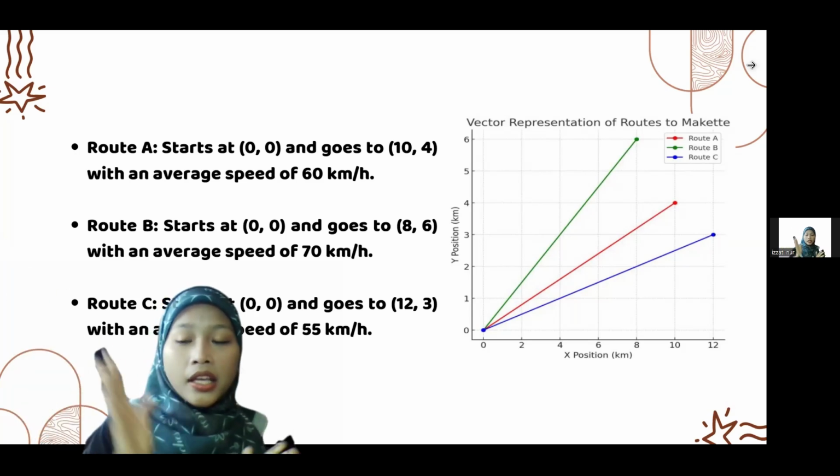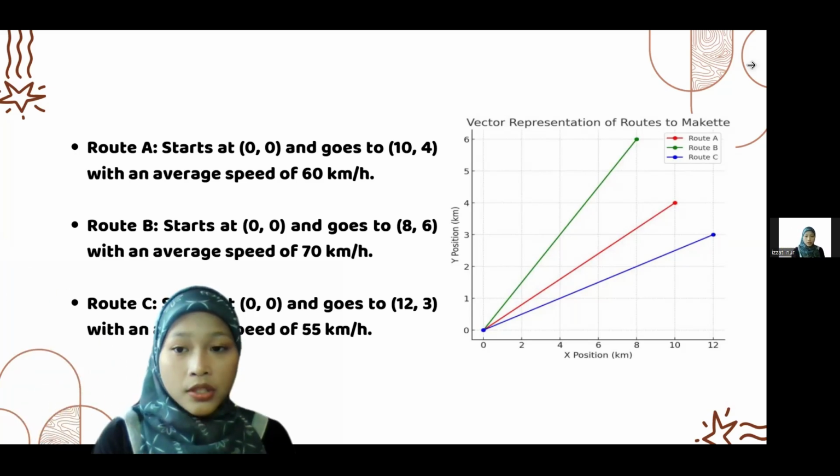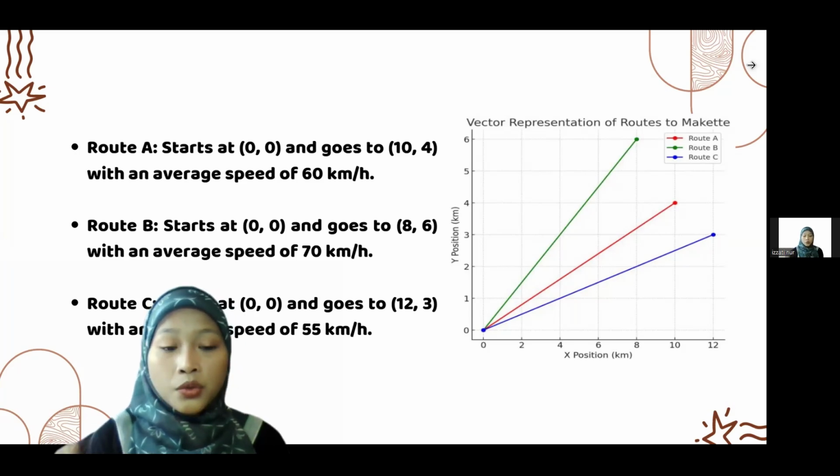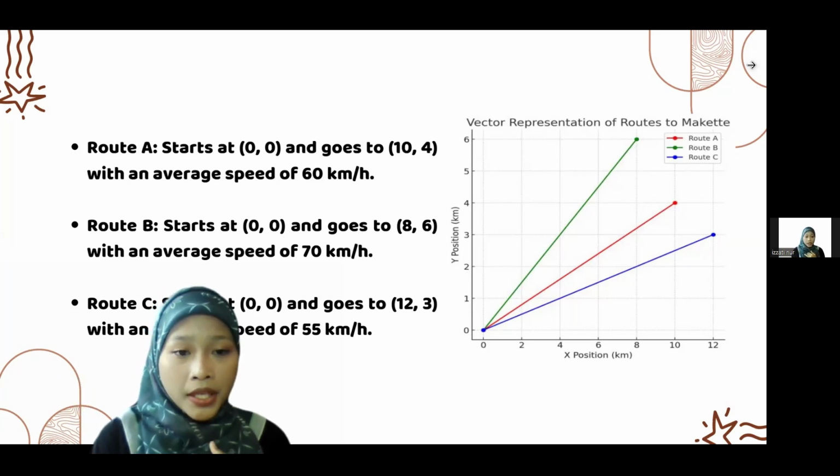If Mushrif uses this route, he needs to use an average speed of 60 km per hour to reach Makete at 8 p.m.